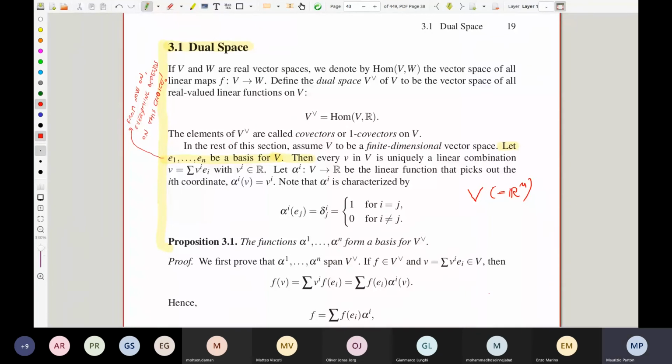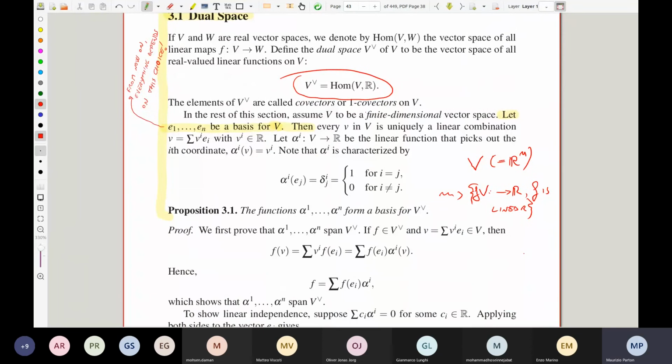And I can take linear maps on these vector spaces. I can take the set of maps F from V to R such that F is linear. This set here, the homomorphisms in the sense of vector spaces from the vector space to the real numbers, is called the dual vector space.